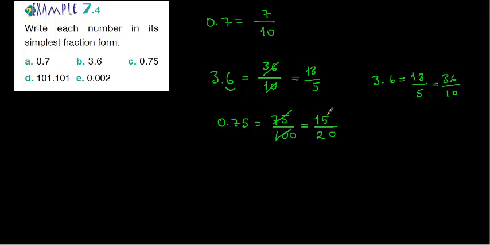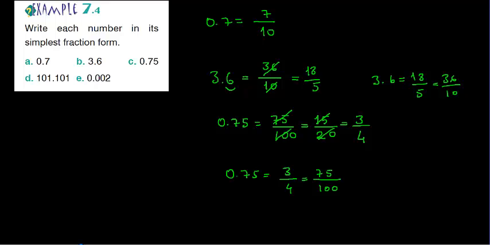If I divide them by 5 again, this is going to be equal to 3, and this is going to be equal to 4. So 0.75 can be written as 3 over 4, or it can be written as 75 over 100 without simplifying the term.